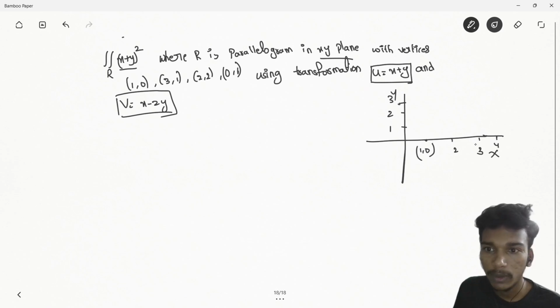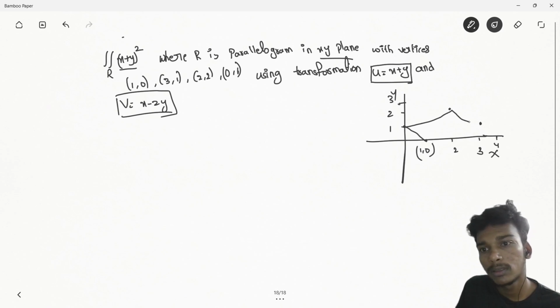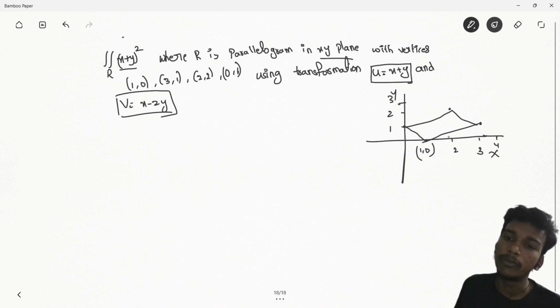Now I will plot (3, 1), which is somewhere here, and (2, 2) is somewhere here, and (0, 1) is somewhere like here. It's a parallelogram, right? Both sides are parallel and of equal length.